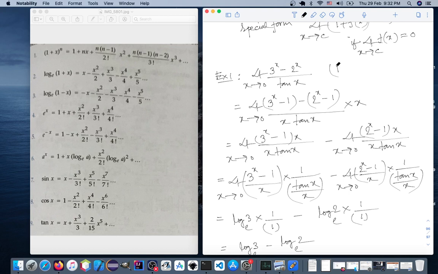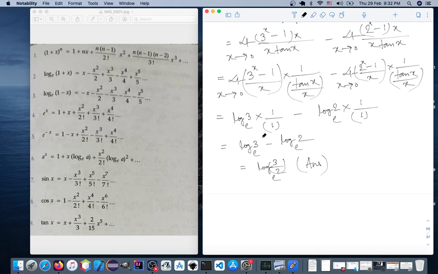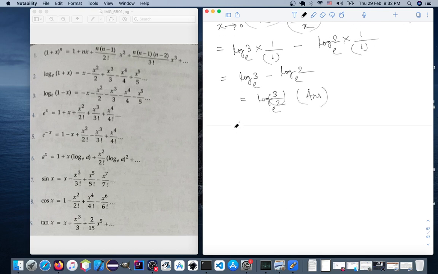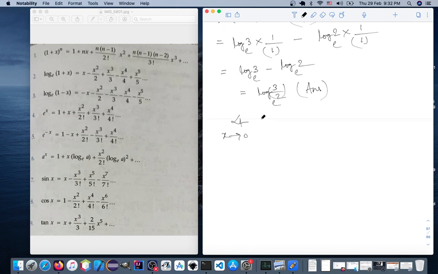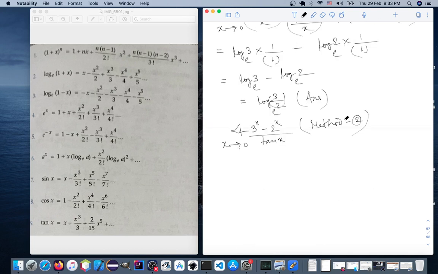Let's say this is method 1. Let's say limit x tending to 0, method 2.